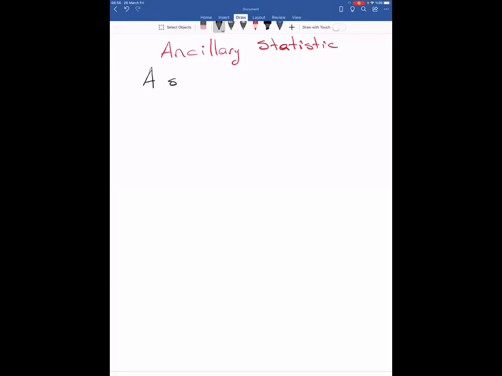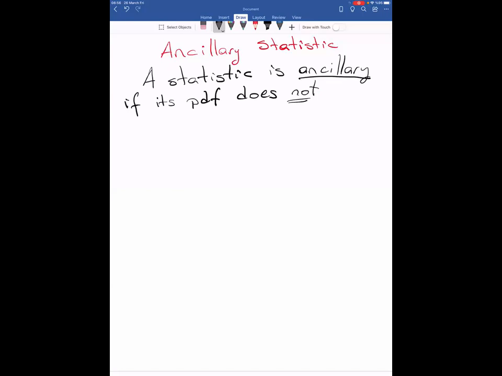If it does not, then it's an ancillary statistic for that parameter. A statistic is ancillary if its PDF does not depend on the unknown parameter theta.